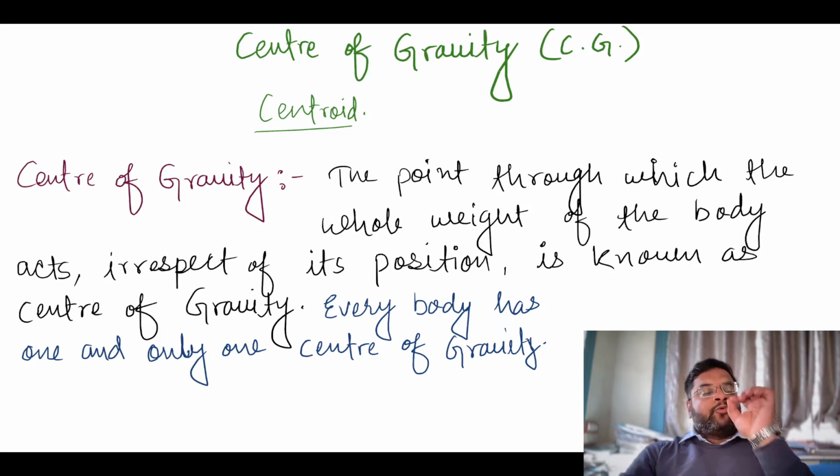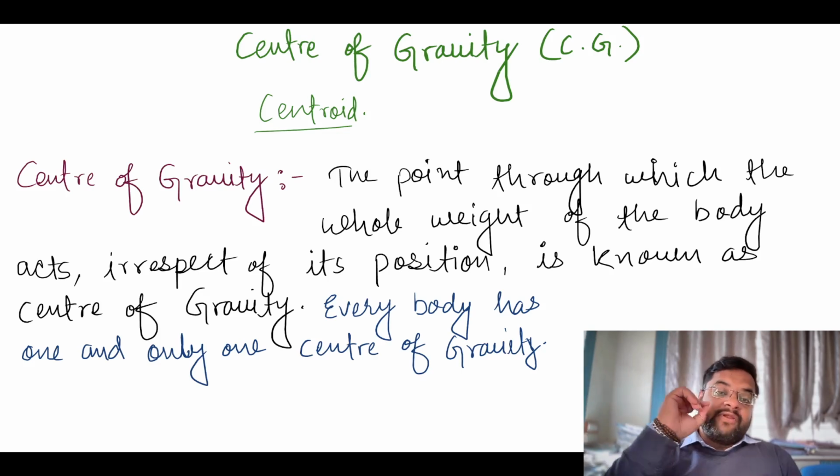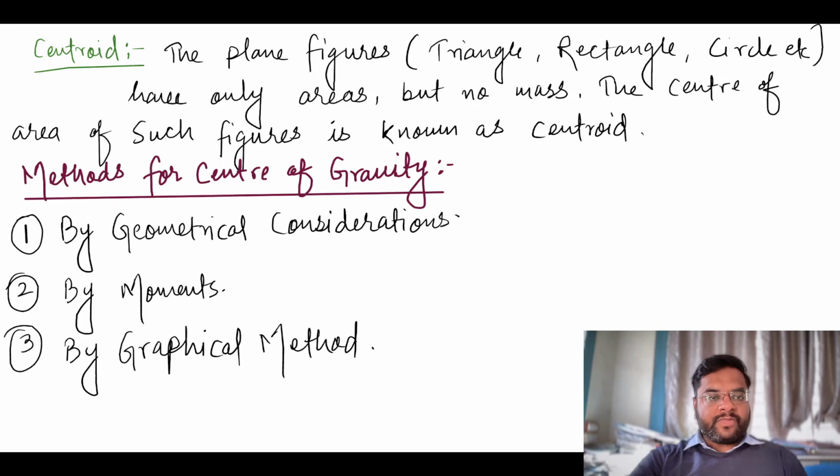So a point where the body's whole weight is concentrated is called center of gravity. Every body has one and only one center of gravity, and that does not change irrespective of its position.